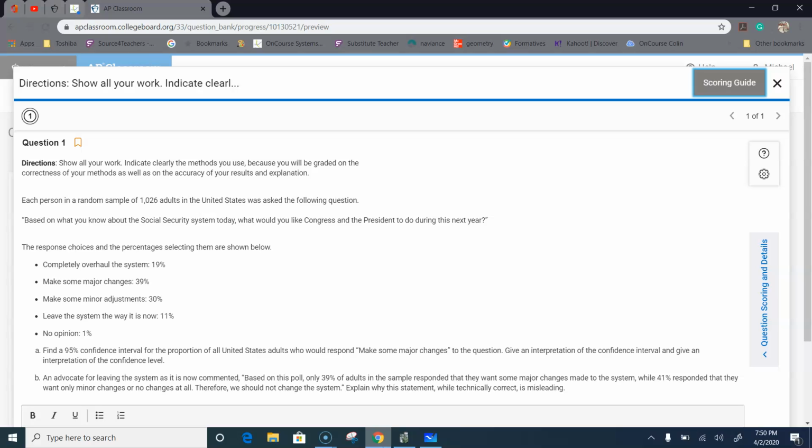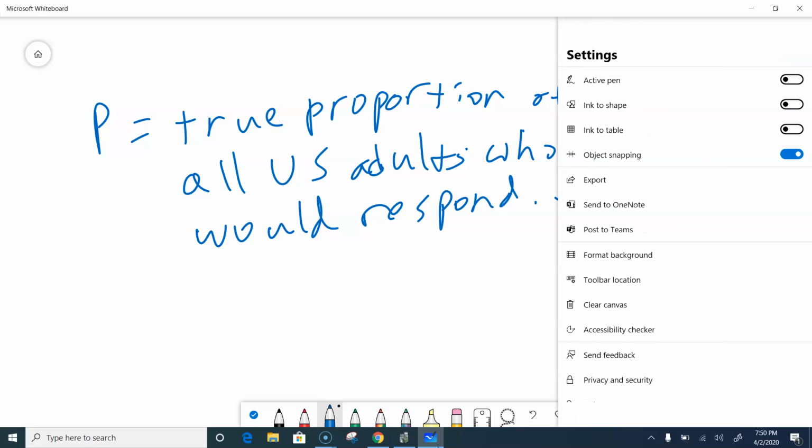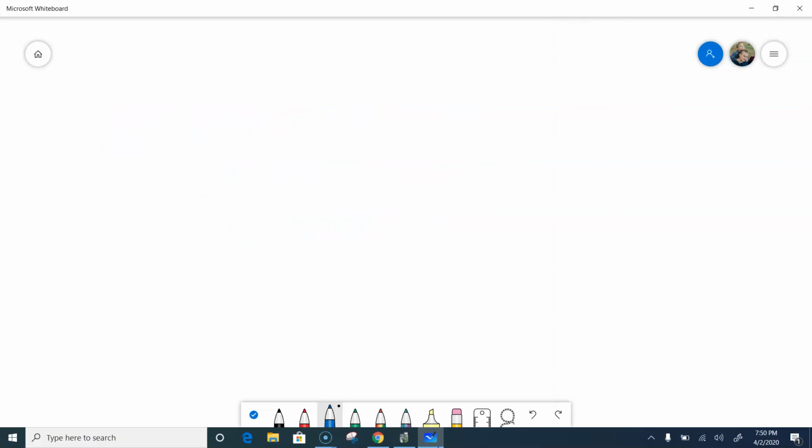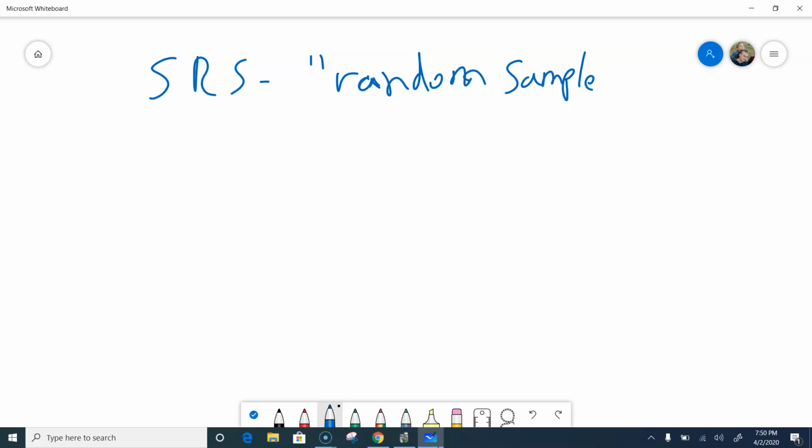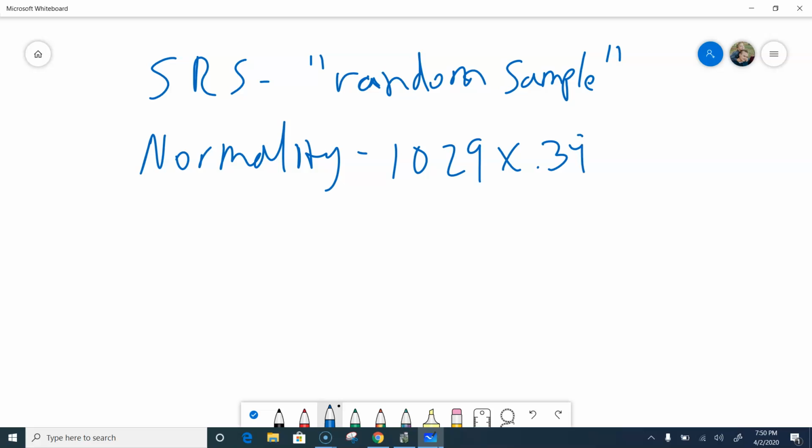Then we want to look at our conditions for inference. Are they met? Well, it does say random sample, right? So remember your conditions for inference. SRS, it does say that they took a random sample. All right, that is stated. Normality. Well, we had 1,026 times 0.39. That's certainly going to be greater than or equal to 10.